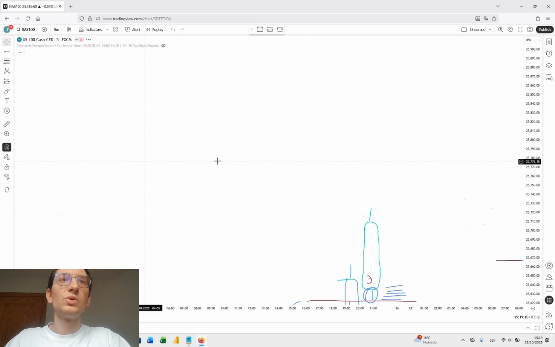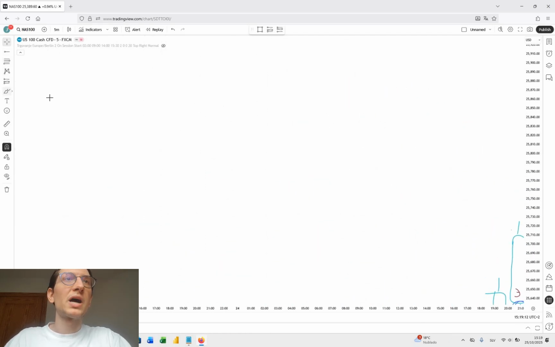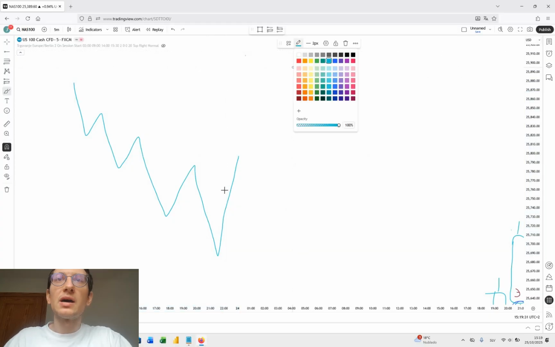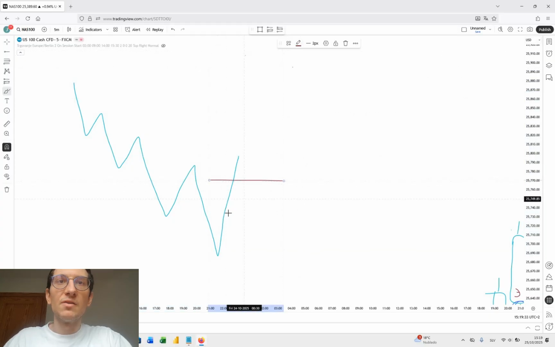And what happens with the price? The price usually goes like this. For example, let me draw it again. The price will go down, up, down, up, down, up, down. And then it has a massive move up, and here we create a so-called fair value gap.